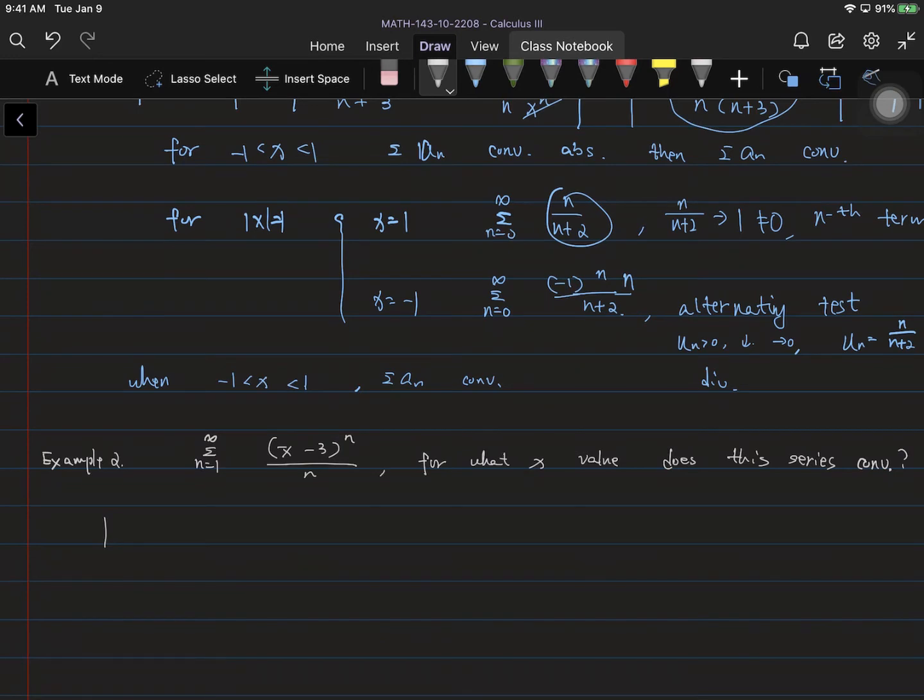Like example 1, we do the ratio test to the absolute value of a_n. So let's write this down. It's going to be x minus 3 to the n plus 1 power over n plus 1, times n over x minus 3 to the n. Simplify.